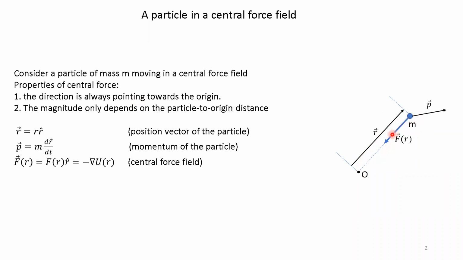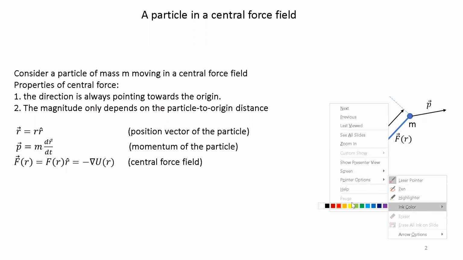You can see that I have this arrow pointing towards the origin. And the other thing is that the magnitude will only depend on the distance between the particle and point O.